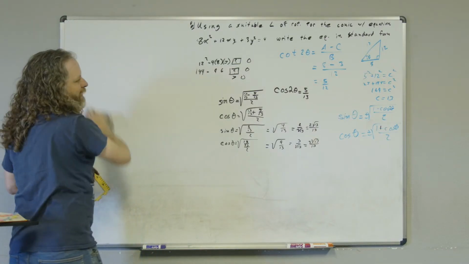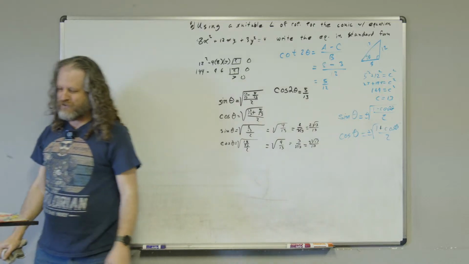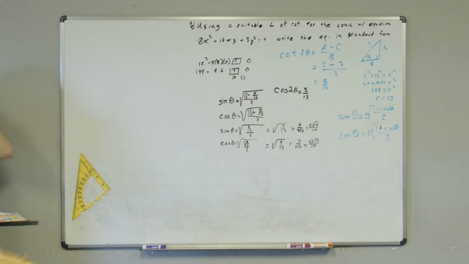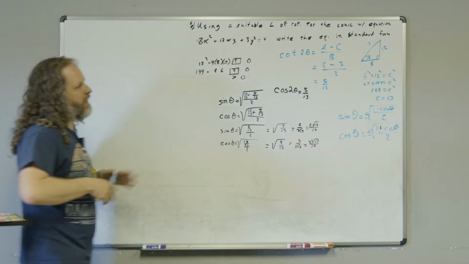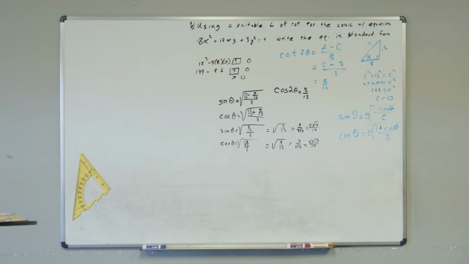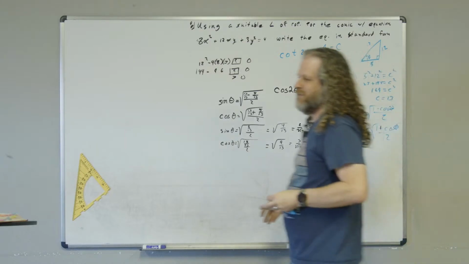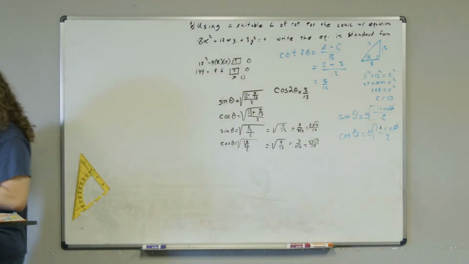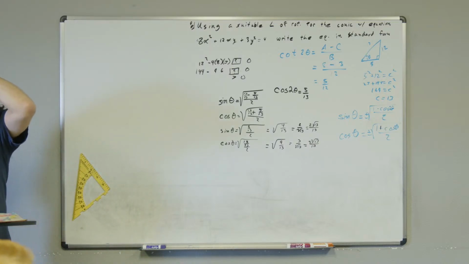So now we have the sine and cosine of theta, which is great, because now we can put it into the x prime, y prime axis. And if we've done everything correct, the x prime, y prime term is going to cancel. Before we move on, let's check and see if our part matches the book's part.